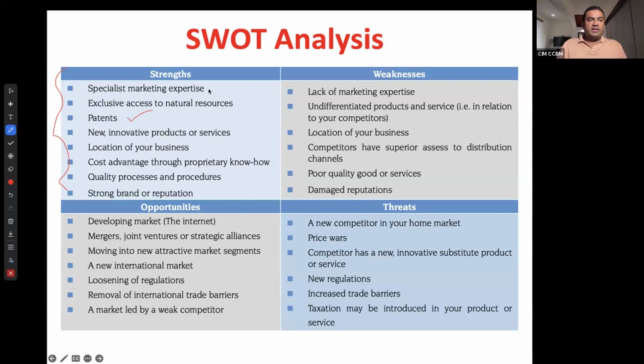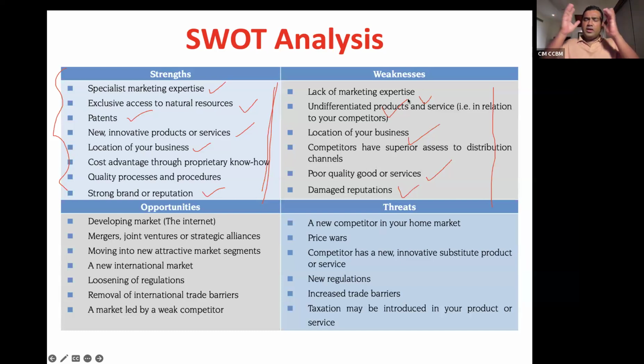Does it have some patents, some expertise, some resources, innovative products and services, good location, strong reputation? These are all the strengths. And what are the company's weaknesses? Again, poor quality, a damaged reputation, the same things. Sometimes for a company, location and expertise can be weaknesses as well, or being undifferentiated.